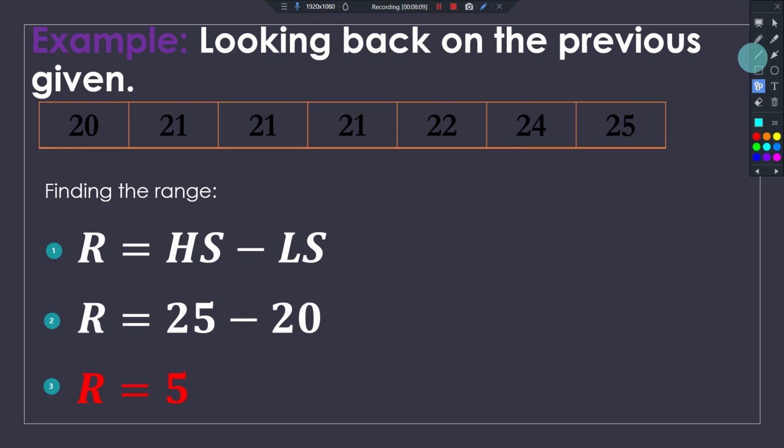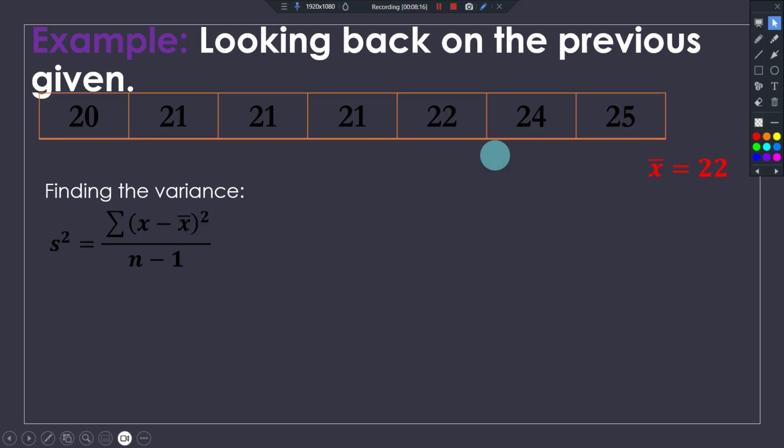And then, one example for the variance. Again, notice that we have the average as 22 here. And the formula is step number 1, all about the formula.